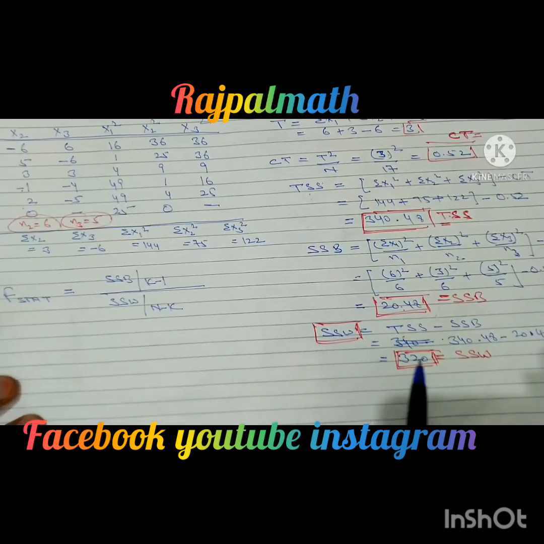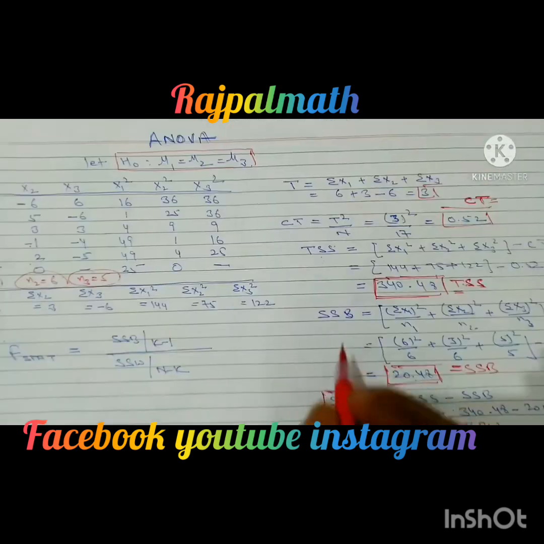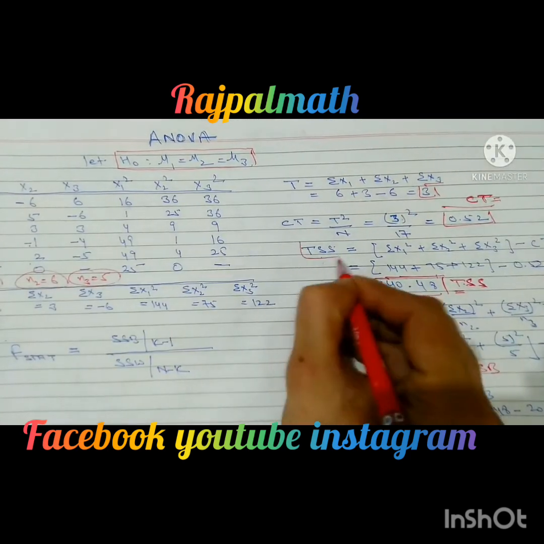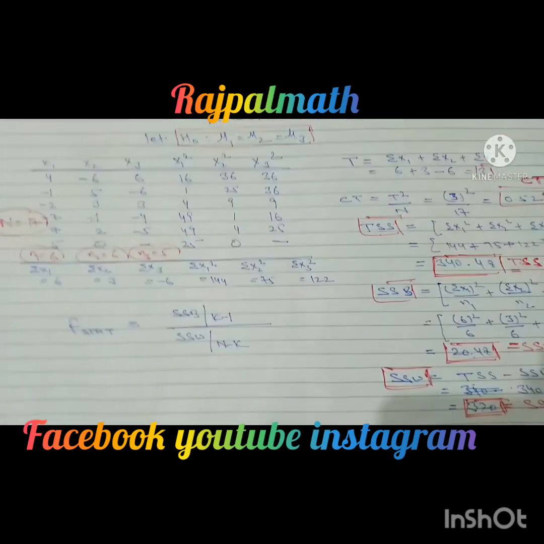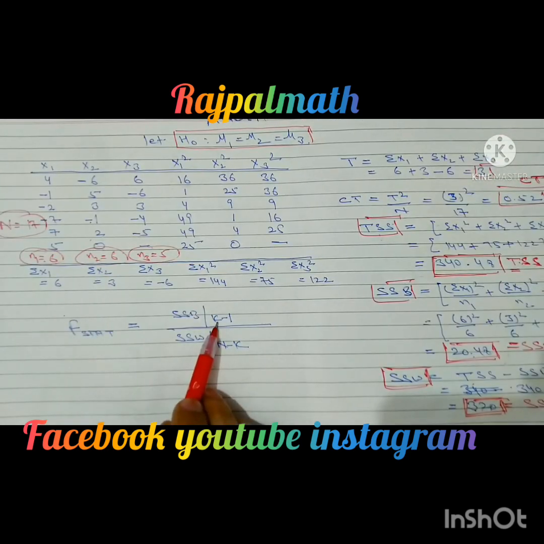SSW, the sum of squares within samples, is 320. K is the number of groups.